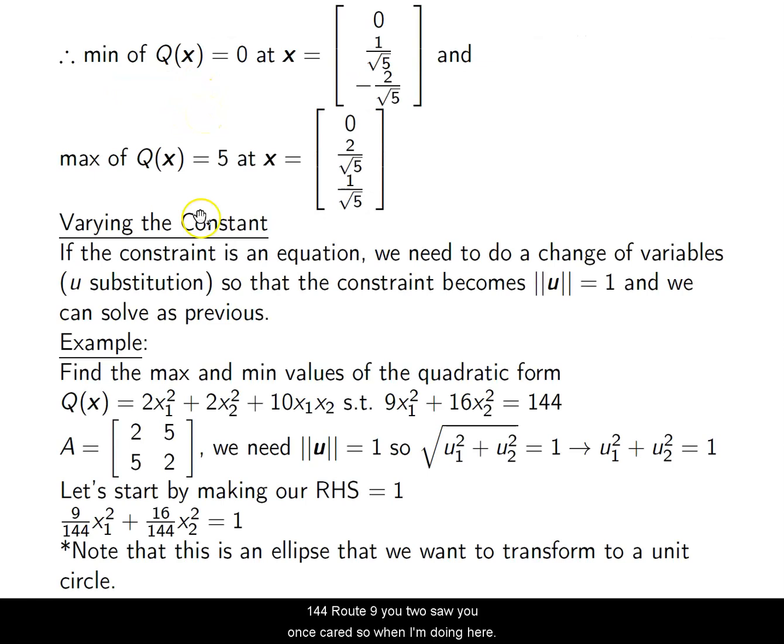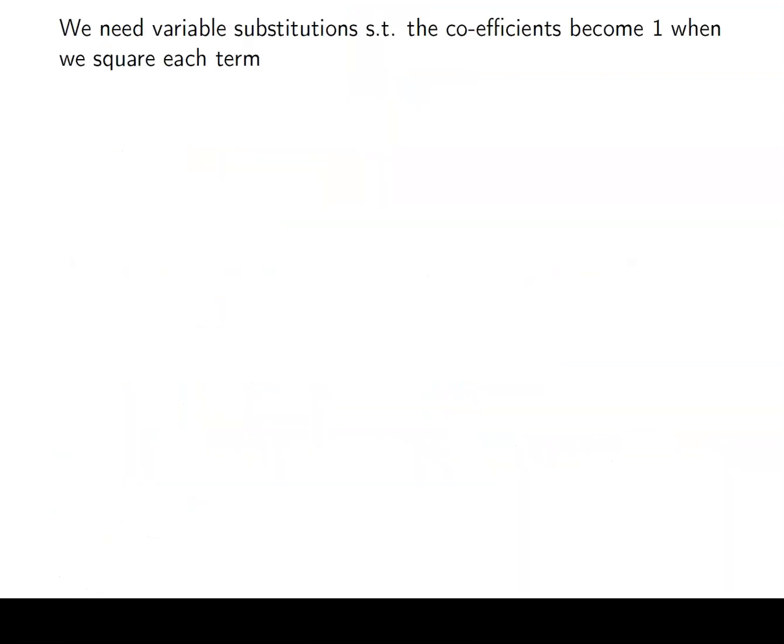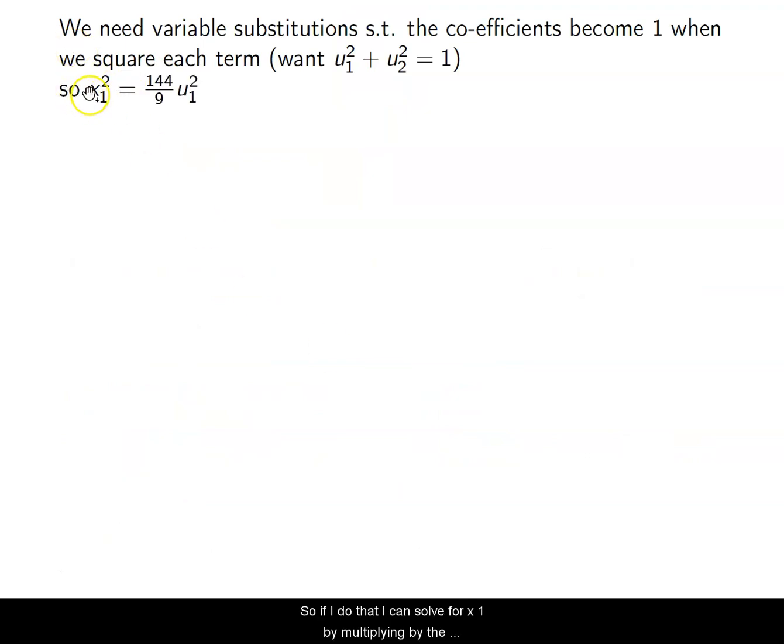So what I'm doing here is I'm taking x1 and I'm basically saying I need this to equal u1 squared, right? This is going to be u1 squared and this is going to be u2 squared, right? Okay. So if I do that, I can solve for x1 by multiplying by the reciprocals.